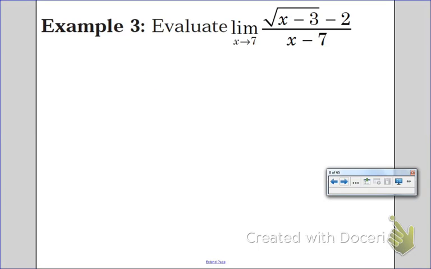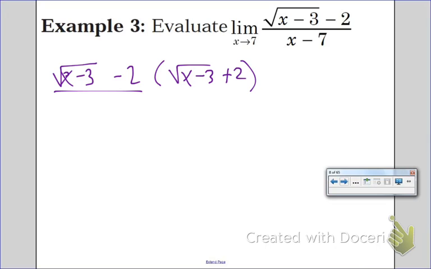All right, when we multiply by the conjugate, we get the square root of x minus 3 minus 2 times the square root of x minus 3 plus 2, over x minus 7 times the square root of x minus 3 plus 2. So on the top, the square root of x minus 3 squared gives you x minus 3, and then minus 4.